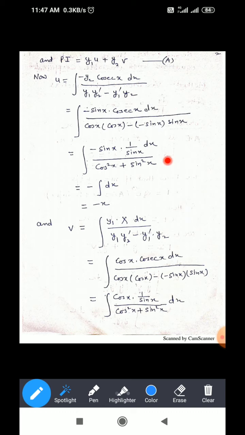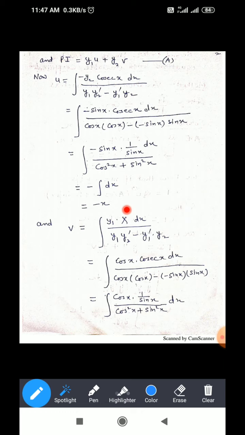Using the trigonometric formulas, this is equal to minus sin x into 1 upon sin x dx upon cos square x plus sin square x. After simplifying, this is equal to minus integration of dx, and the integration of dx is x, so u is equal to minus x.